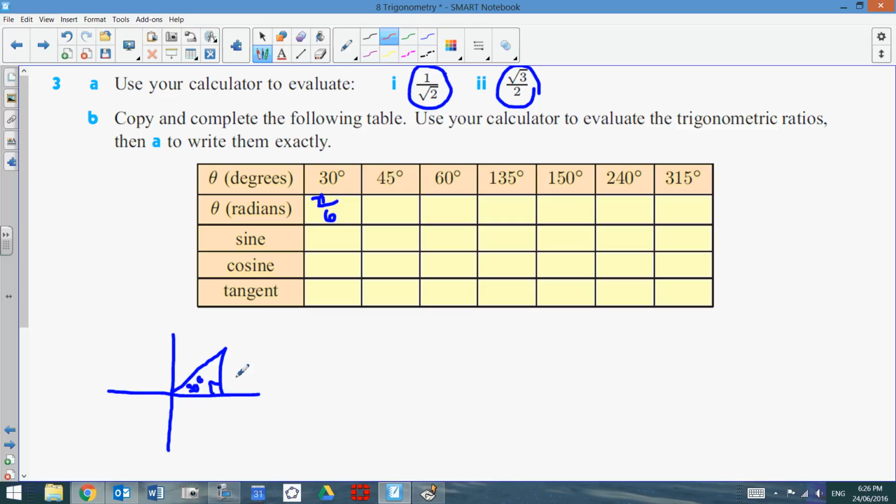The ratios for the side lengths were 1, root 3, and 2. Okay, so if I want to find the sine of 30 degrees, sine is opposite over hypotenuse, which would be 1 over 2. Cosine would be adjacent over hypotenuse, that would be root 3 over 2.